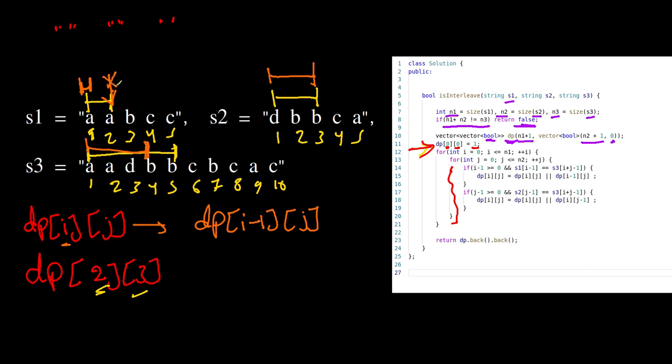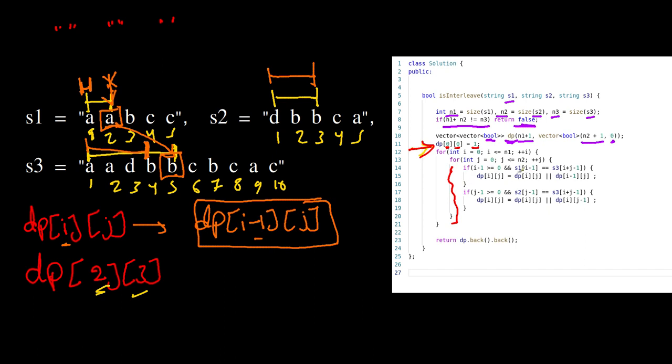So because we took this character A, we need to check if A is equal to this character B. Now if they are equal, then we need to check if the answer of this is already true or false, because we already solved for this part.